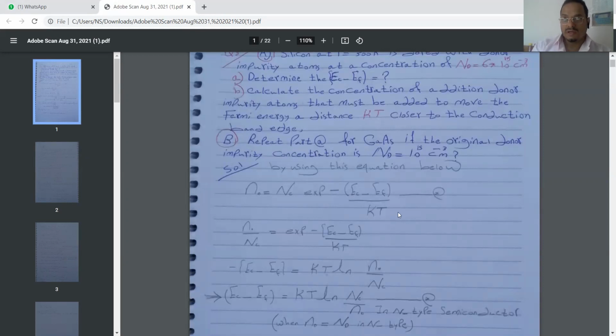It's equal to 0.0259. That will be easier for us to use. You can prepare this sometimes, okay?